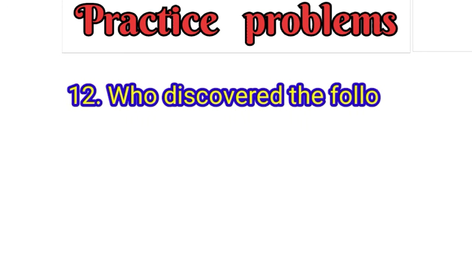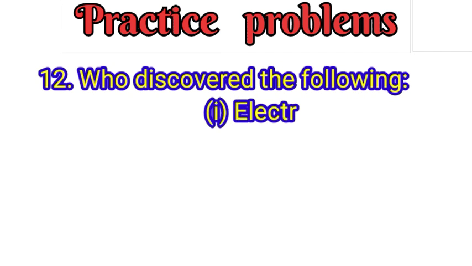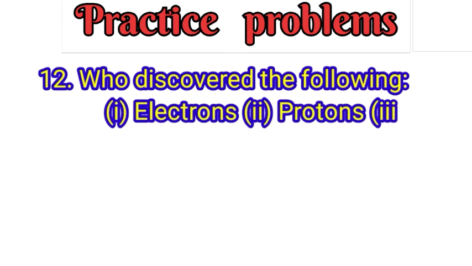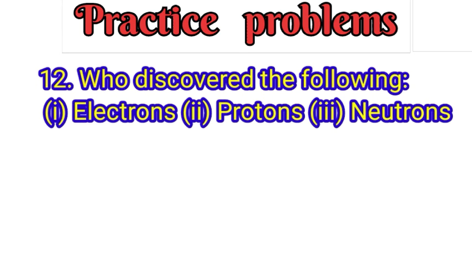Then question number 12. Who discovered the following: electrons, protons and neutrons? Okay, so just think and try to recapitulate whatever theory we have done. You can find the answer from there itself. Okay, so just try.